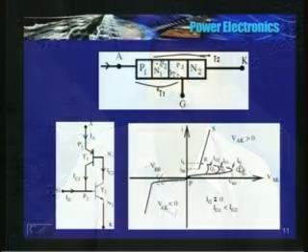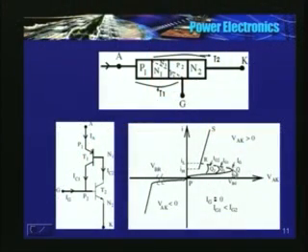And if the applied voltage is higher than VBO, see here, VBO with Ig equal to 0, that is forward breakover, what happens? The device goes into conduction mode. But then how does it go in? What is the path that it takes?